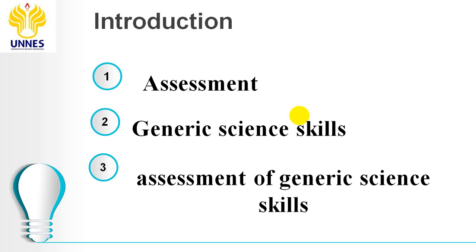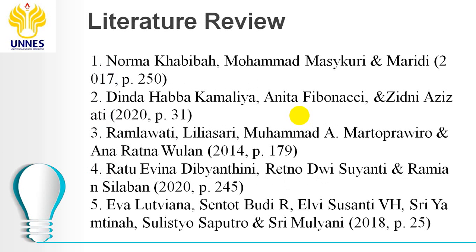Assessment of generic science skills can be done through tests and through practicum. Next is the literature review. Based on the research result of Elok Norma Habibah, Muhammad Mashkuri, and Maridi.